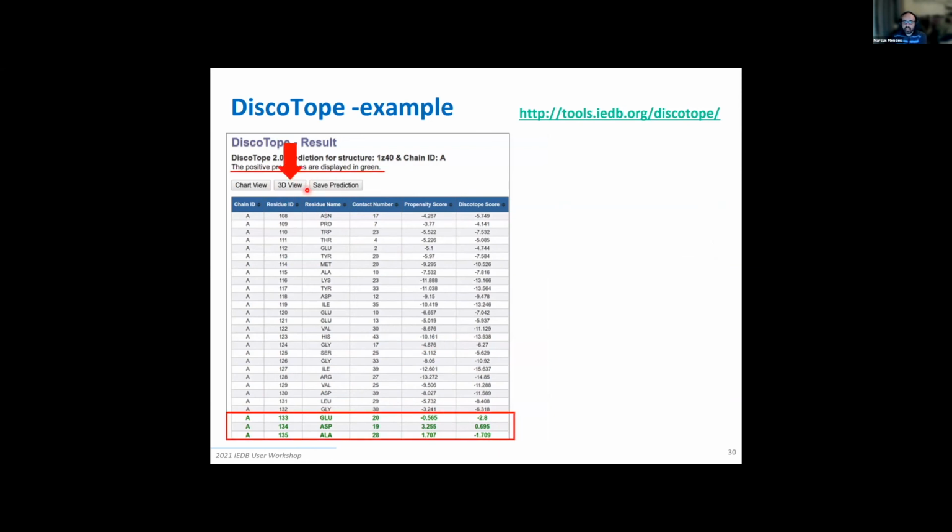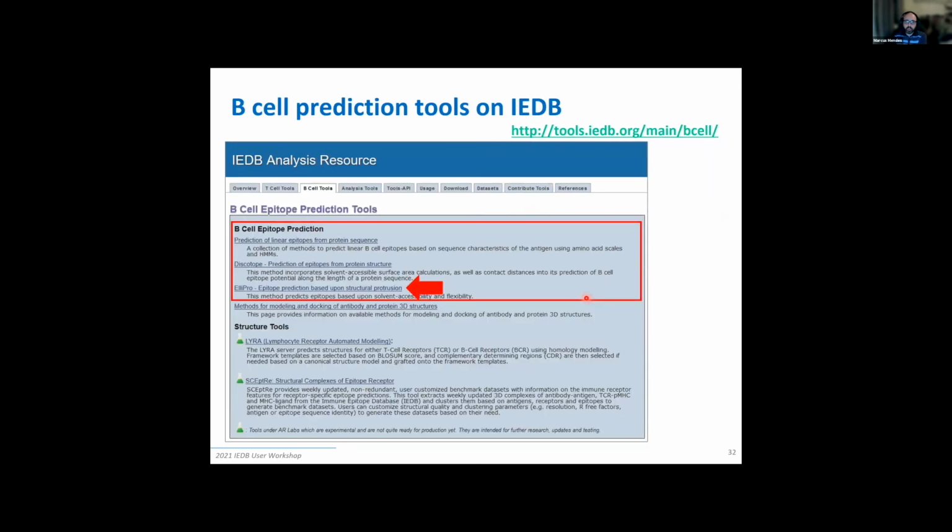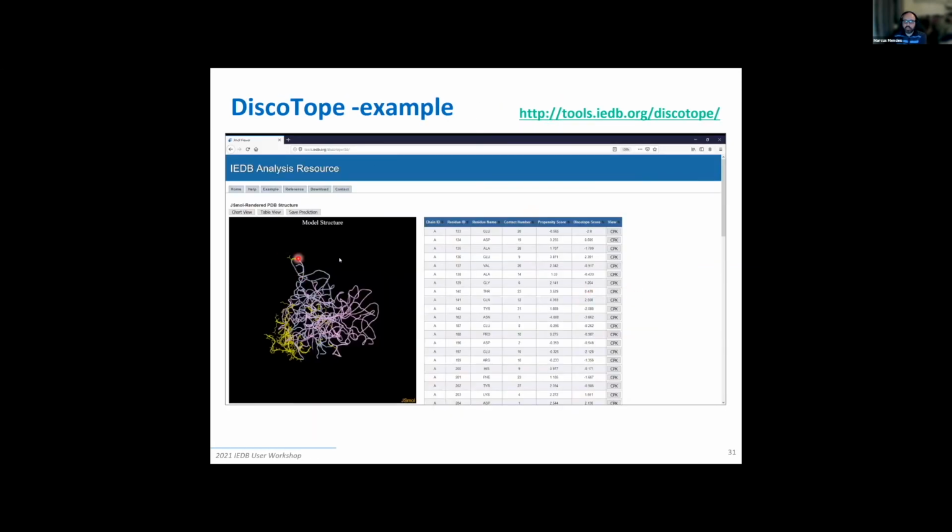You can also see the prediction in a 3D view. This 3D viewer is a JSmol 3D viewer that loads your protein, and you can select which residues were classified as a good prediction. When you click over here, the amino acid is highlighted, so you can see its position inside your protein, which is also really good.